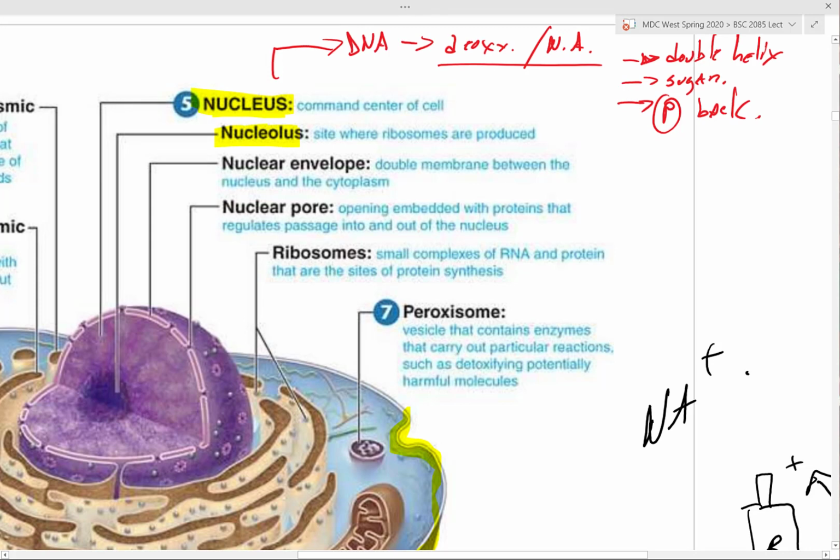Nucleolus. Now, even though the nucleolus is inside the nucleus, and the DNA is in the nucleus, in the nucleolus all you have is genetic material, DNA, but that only does one role, and that role is to make ribosomes.